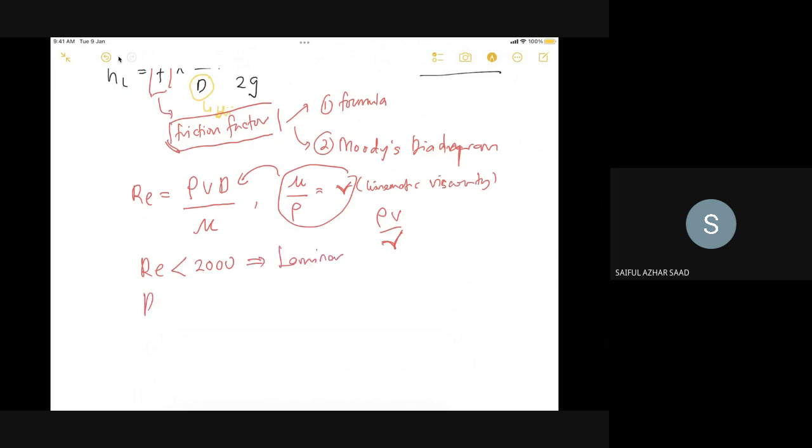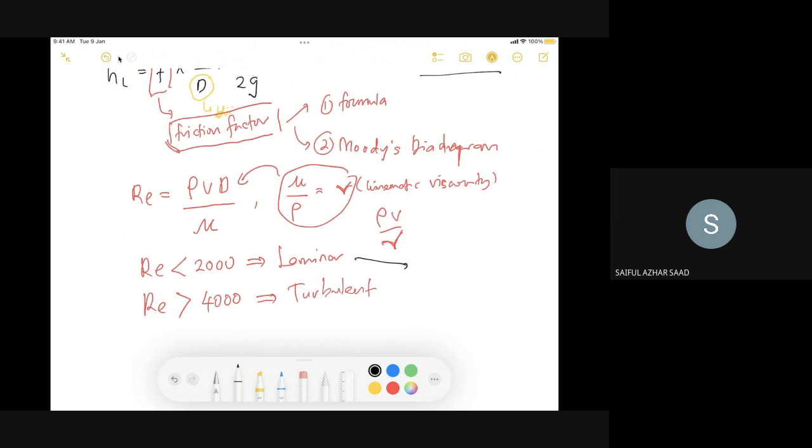And let's say my Reynolds number is greater than 4000. Therefore, it is a turbulent flow. If it is a laminar flow, then my F can be calculated using this formula, 64 over the Reynolds number.